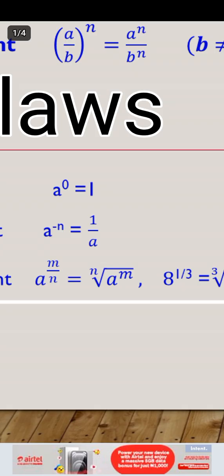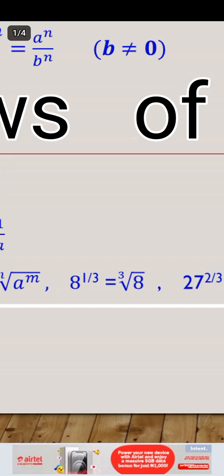For example, a raised to power m over n is equal to the nth root of a raised to power m. Another example, 8 raised to power 1 over 3 is the third root of 8 raised to power 1.